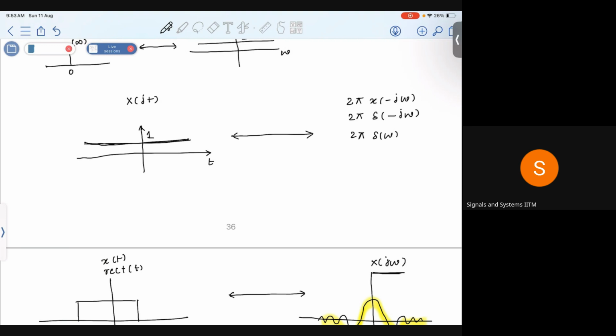Dig in Google, how did Fourier even come up with this transform. It's a beautiful transform. Think about it.